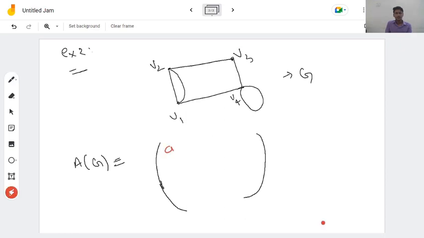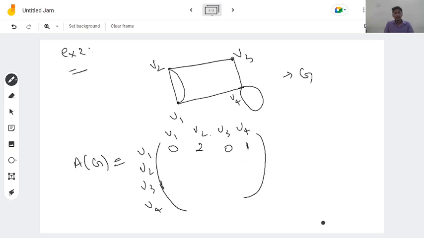This entry is our A11. So what will be there in A11? That means how many edges are there between V1 and V1? There are 0 edges, right? V2, V3 and V4. How many edges are between V1 and V2? There are two edges, right? How many edges are between V1 and V3? There are zero edges, and there is one edge between V1 and V4.